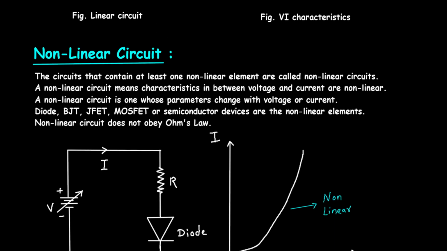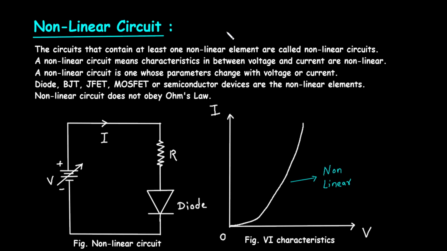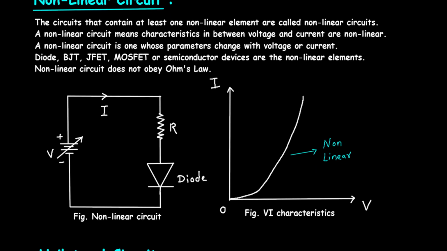Then next, let's see non-linear circuit. The circuits that contain at least one non-linear element are called non-linear circuits. Here we can see this circuit consists of one non-linear element. This diode is the non-linear element.